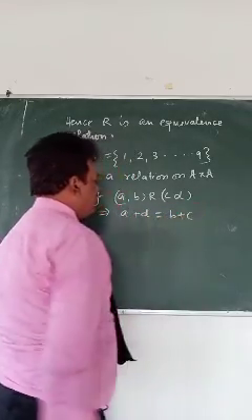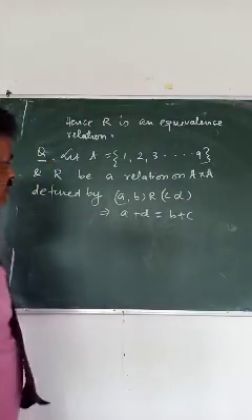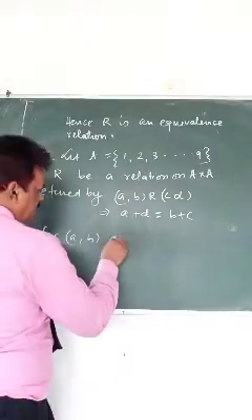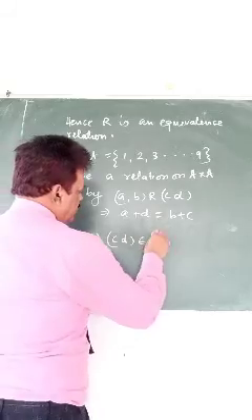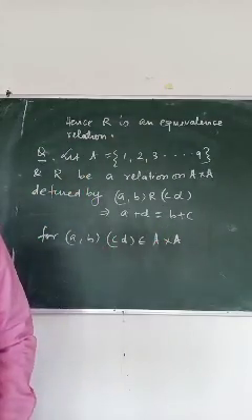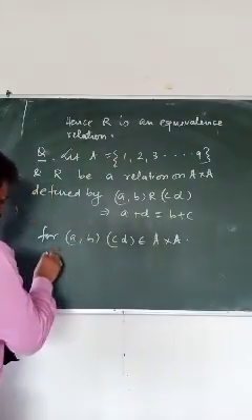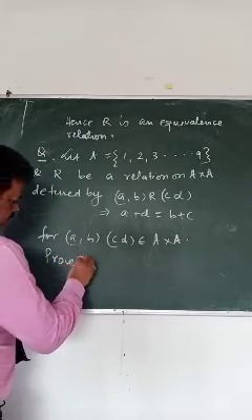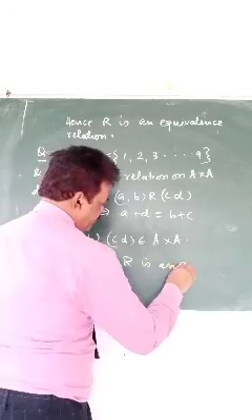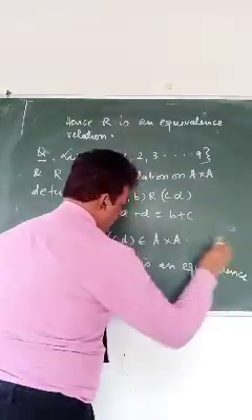This is a bit different: a plus d equals b plus c, where (a,b), (c,d) belong to A cross A. Okay? Prove that R is an equivalence relation.